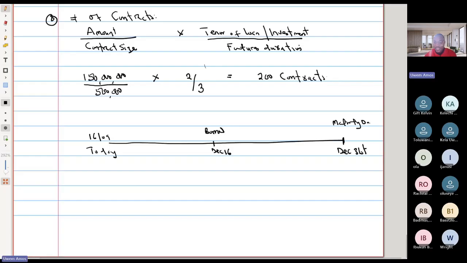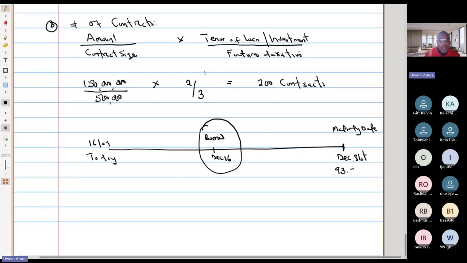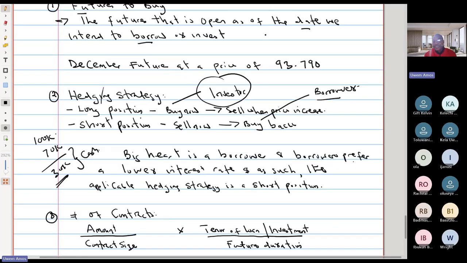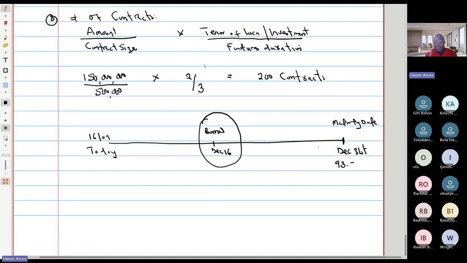If he holds it up to December 31st, the price he has agreed is 93.79. But he's not going to hold it up to maturity.